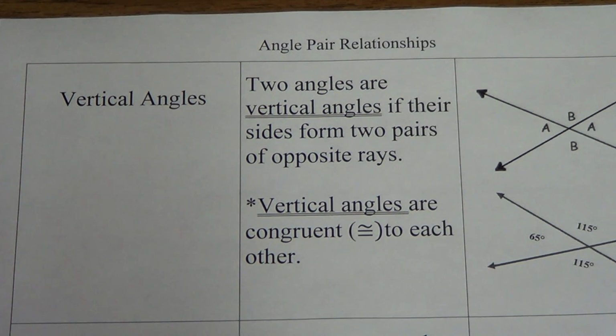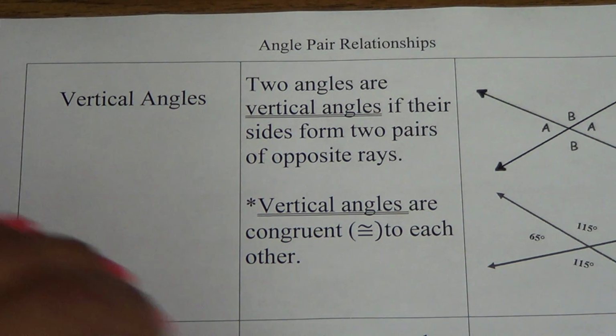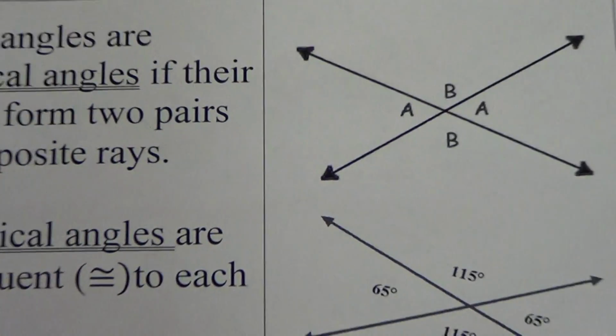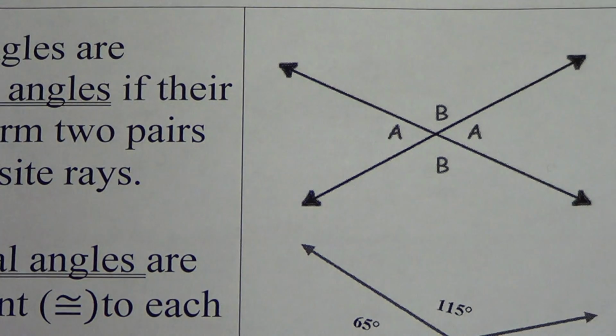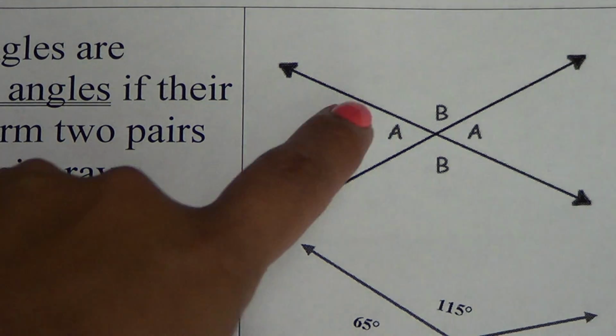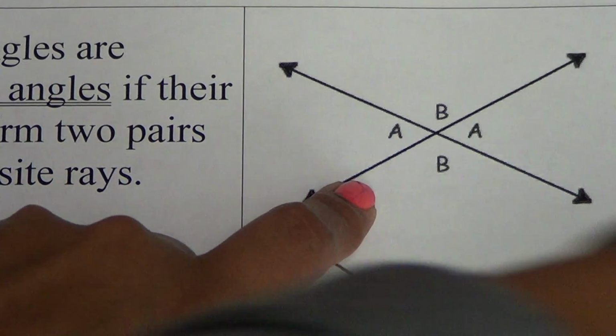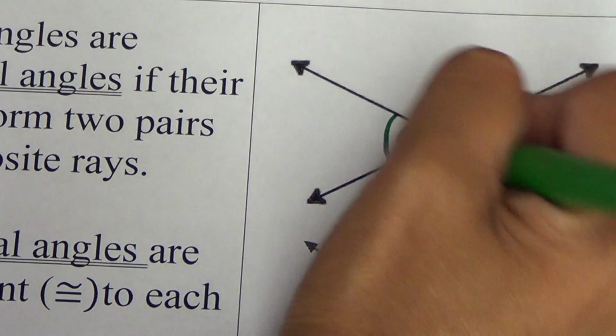The really important thing here is to know that vertical angles are congruent to each other. So let's take a look at that. We would say that these two angles right here, angle A and angle A, are congruent. And how we show that here in geometry is we would do one tick like that.